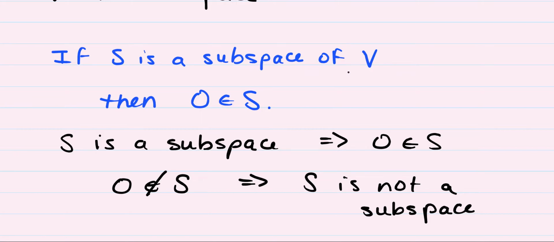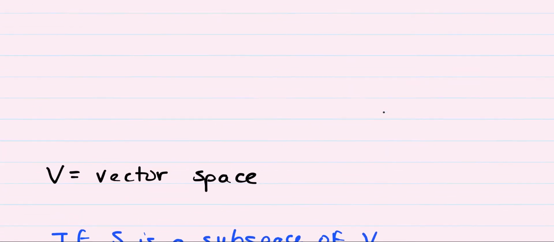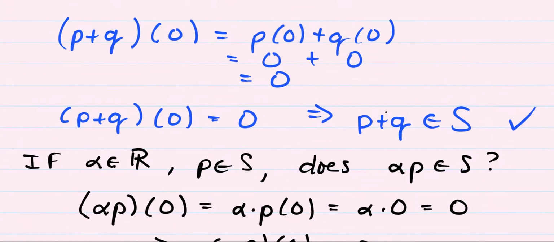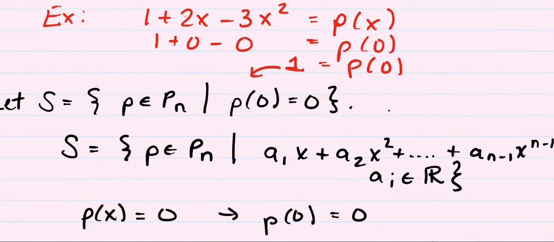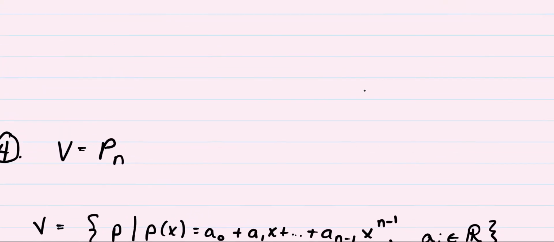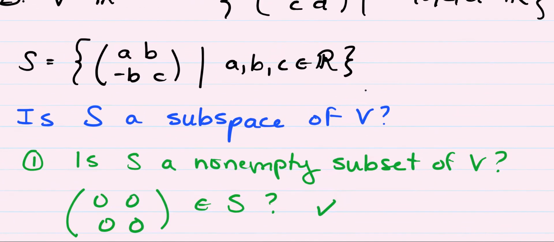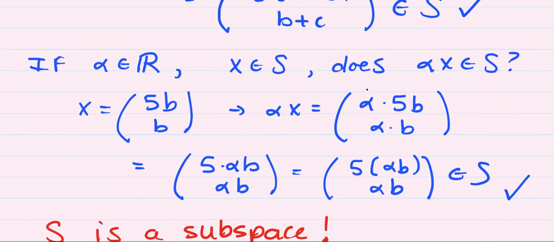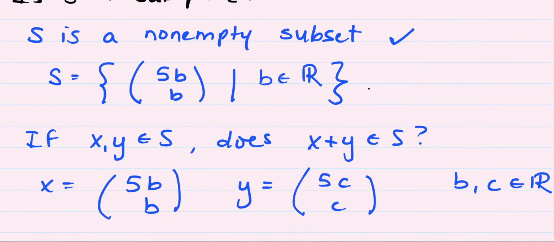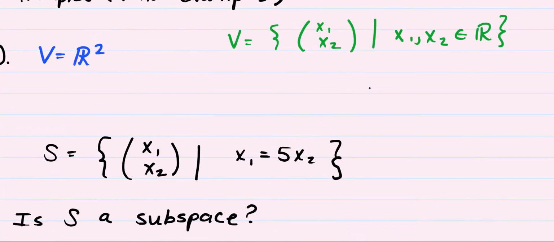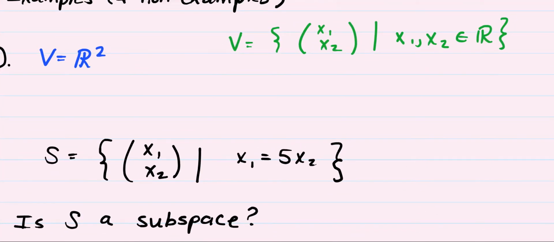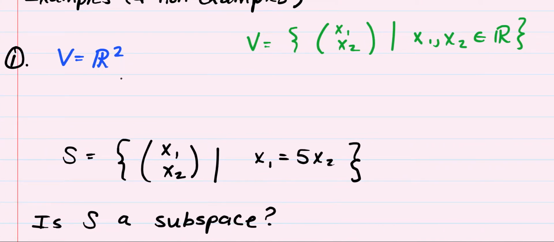So let's look back at some of the examples we did in the previous video. I'm going to scroll up to the beginning. Like this one here. This was the first example we did. We had that V is equal to R2 and S is equal to these vectors where x1 is equal to 5x2.